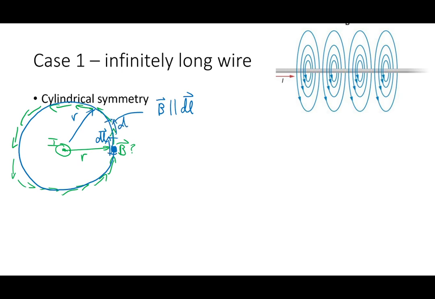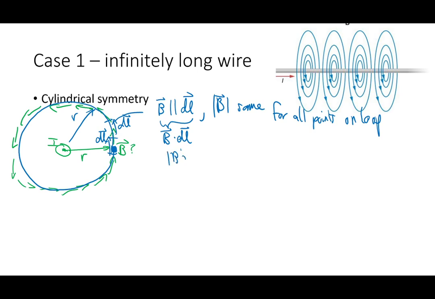And your magnetic field is the same for all points. This lets us say that your B dot dl is simply B dl in magnitudes, and this is the same, right?